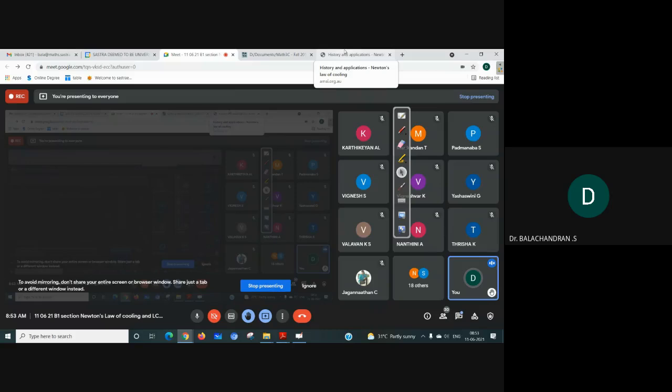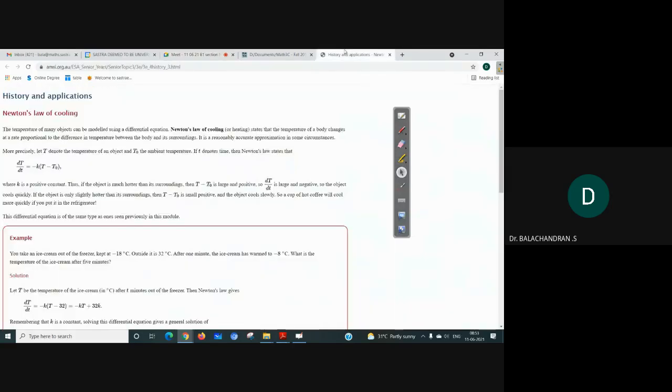So here is the history and applications. The temperature of many bodies can be modeled using differential equations. Newton's law of cooling or heating states that the temperature of a body changes at a rate proportional to the difference in temperature between the body and its surrounding medium.